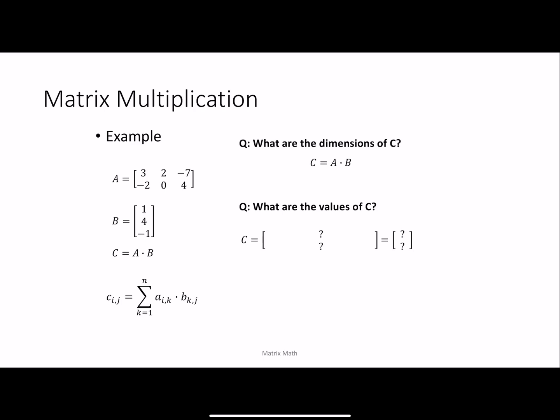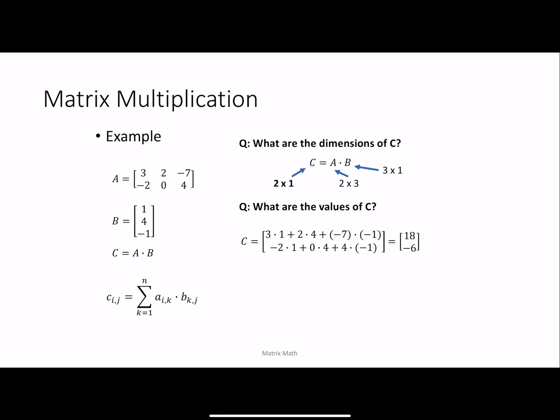So in this case, C will be a 2x1 matrix. The way to compute this very quickly is to notice that the inner dimension of this multiplication, 3, cancels out with this 3, and you end up with the outside indices, right? So this is a quick trick to do all that.